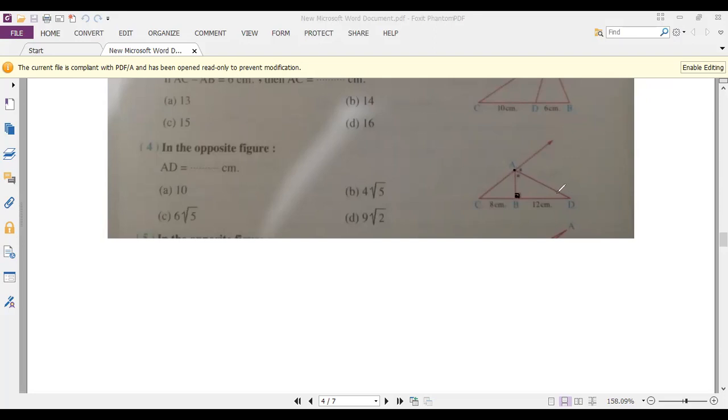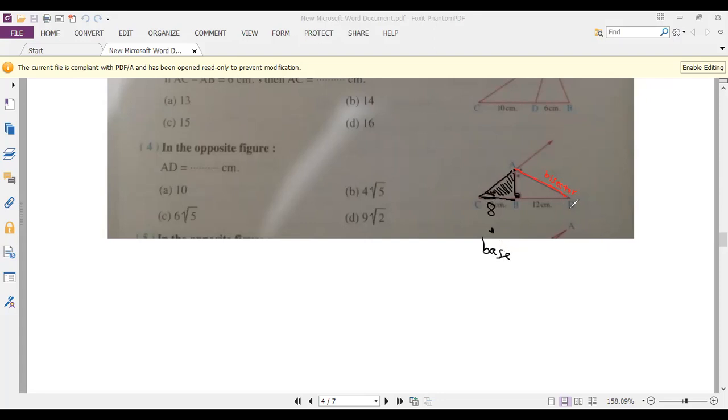This is the vertex, and this is the bisector. And where is the base? So we should know the triangle firstly. This triangle is ABC. This side is the base, and this is 8.